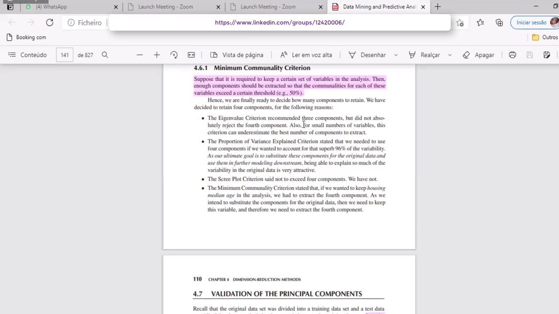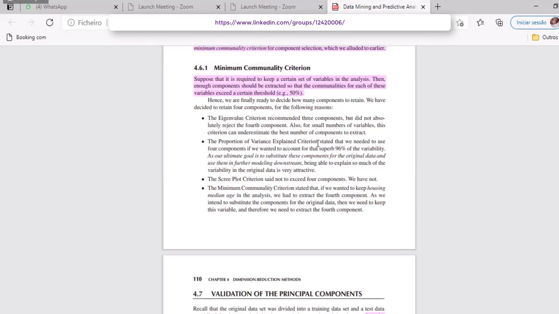According to the eigenvalue criterion, it recommends 3 components, but it doesn't absolutely reject the fourth. The proportion depends on what we want to do and what our field of study is. So we are doing prediction, and these values are not dependent on human response.